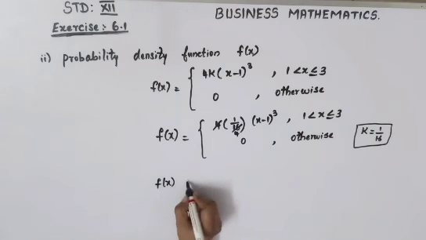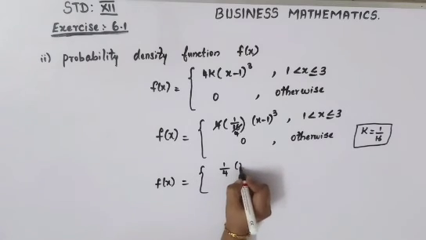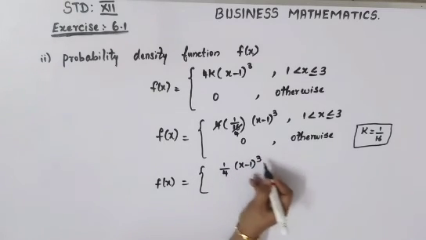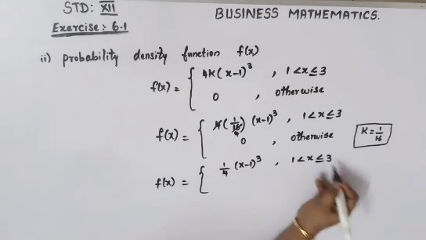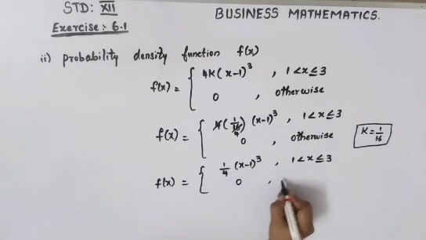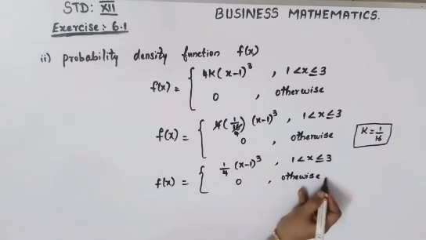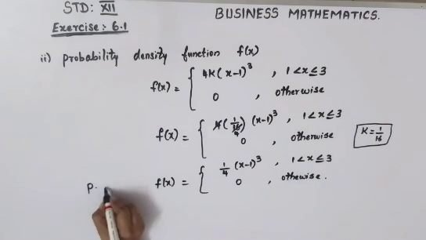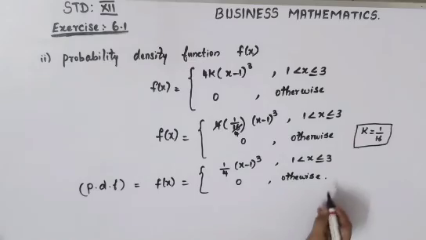So your final answer for f of x is 1 by 4 into (x minus 1) the whole cube. Your interval is 1 less than x less than or equal to 3 and 0 otherwise. So this is your probability density function, otherwise you can write it as PDF. PDF is nothing but probability density function. Okay, so this is the answer for your 8th question.